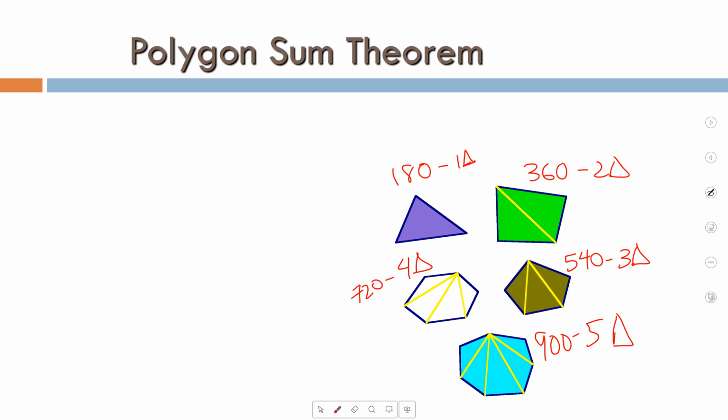But suppose I say to you, what's the sum of the angles in a 17 gon? How many triangles would a 17 gon have?